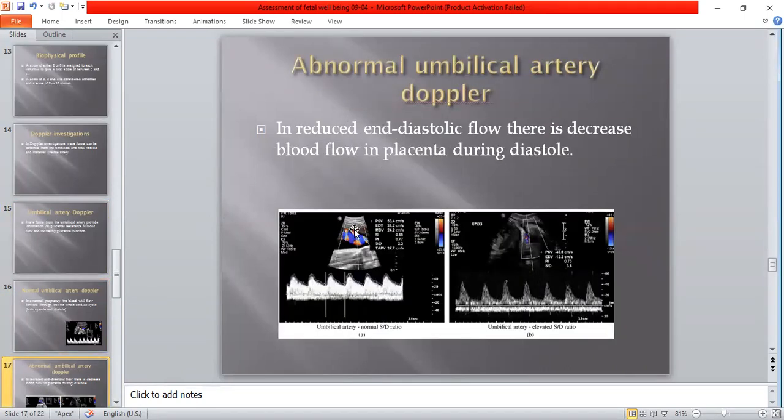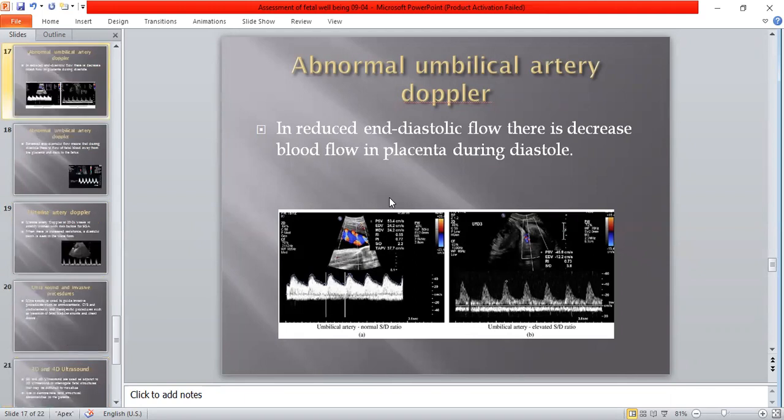These two pictures show reduced and reversed end diastolic flow. In reduced end diastolic flow, there is decreased blood flow in the placenta during diastole, and in reversed end diastolic flow, the blood flows back during diastole.